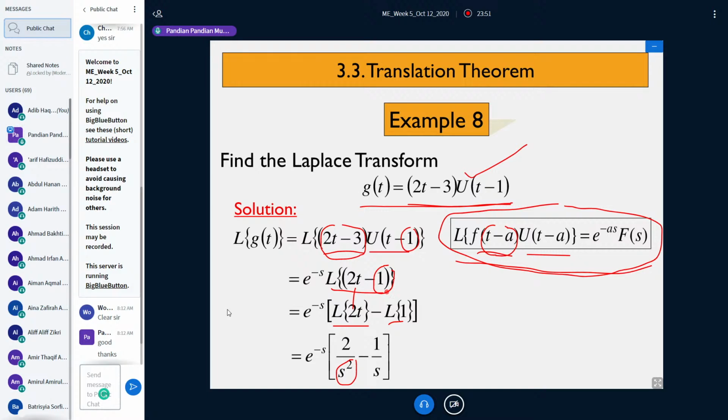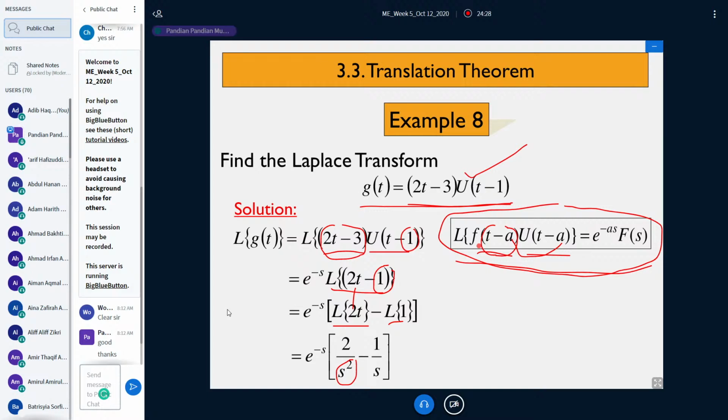Okay, write down here: f(t minus a) is equivalent to 2t minus 3. But this t minus a, you write 2t minus 2 minus 1. And then you factorize 2 in the bracket, t minus 1 minus 1. And then you take t minus 1 as t, because the a is 1. This a must be the same.